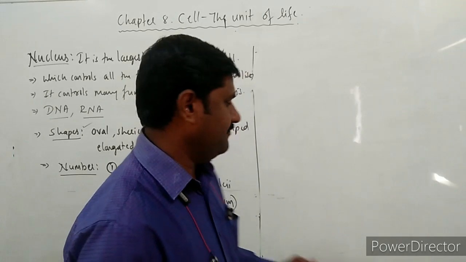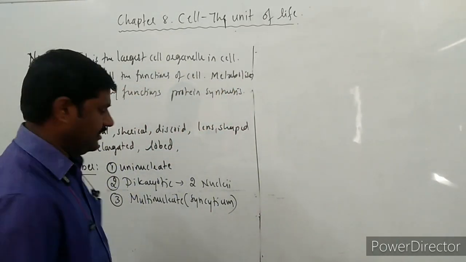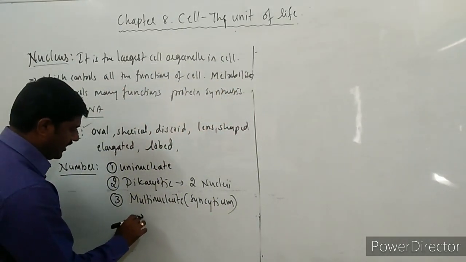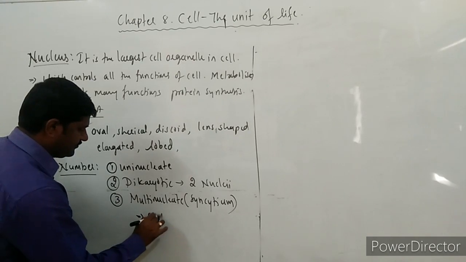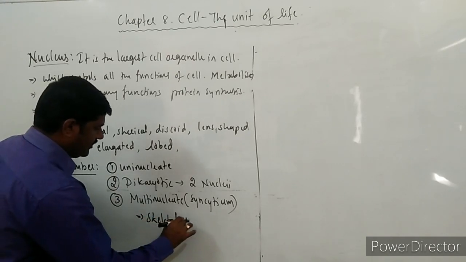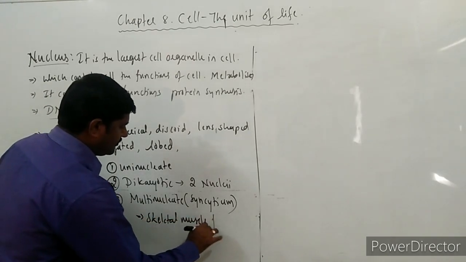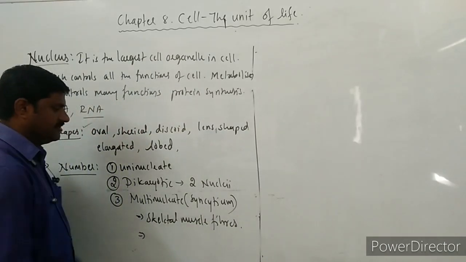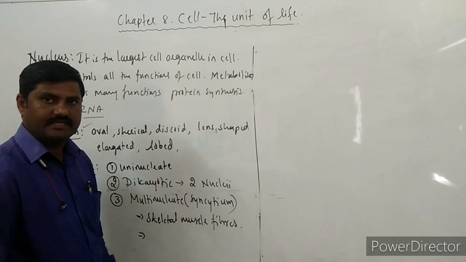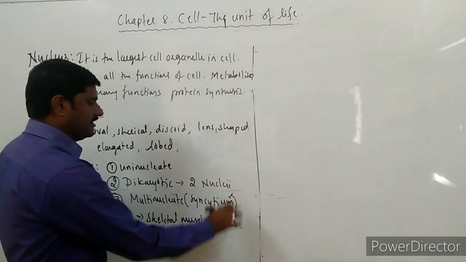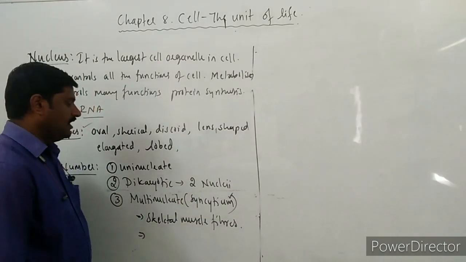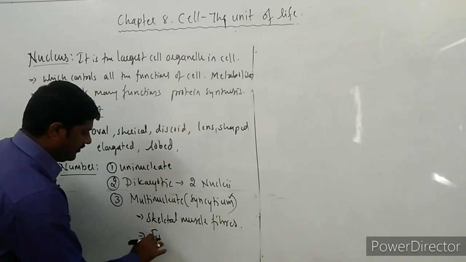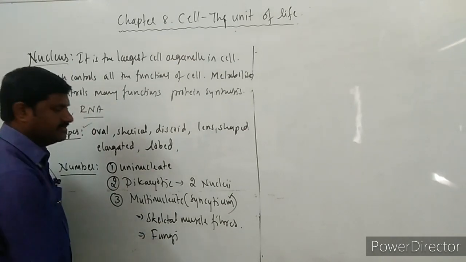Such kinds of conditions are seen in some cells like skeletal muscle cells, skeletal muscle fibers, in which the multinucleate, syncytial condition is seen. It is also seen in a majority of fungi.